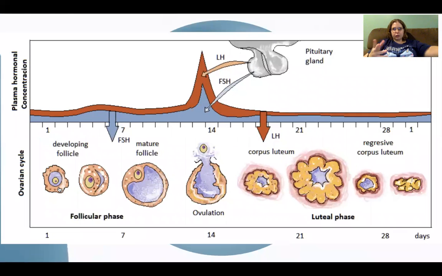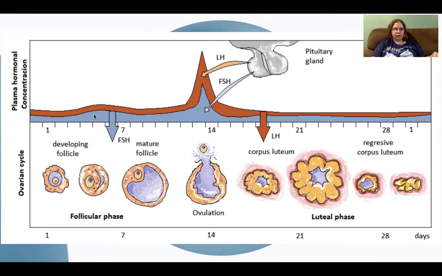So this is just kind of showing you essentially what's going on. Here we have the egg cell surrounded by the follicular cells. So this is the follicle. It starts to mature and get bigger. And these are the two hormones, the LH and the FSH.